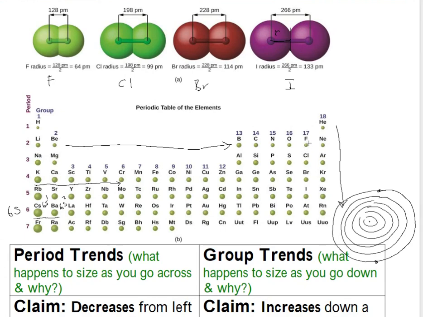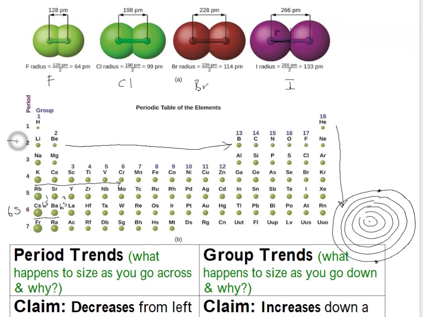That greater force, as we move left to right, for example, fluorine has 17 positives and negatives. Boron only has 13 positives and negatives. So the greater nuclear charge pulls the electrons even closer. It has a greater force of attraction here. So as you go to the right, you're adding electrons to the same energy level.